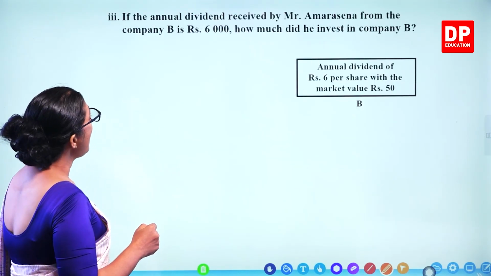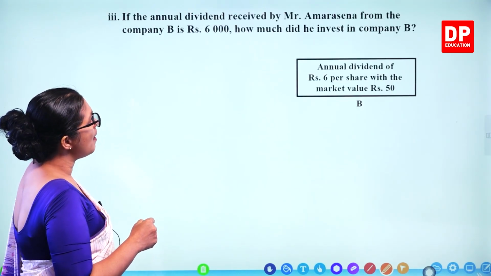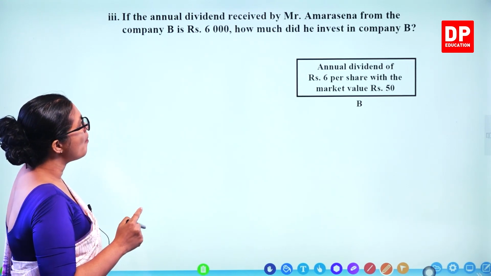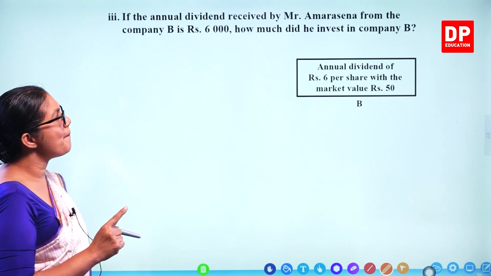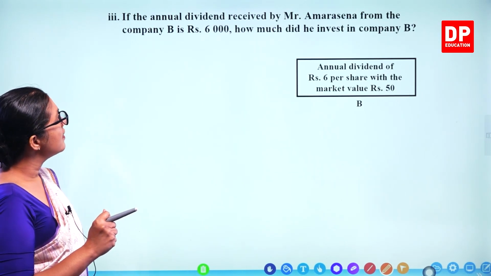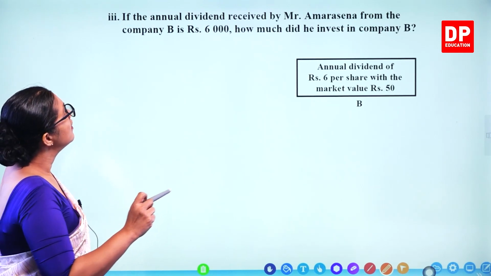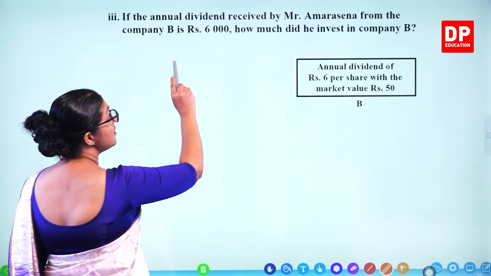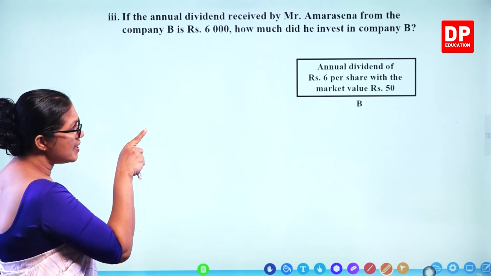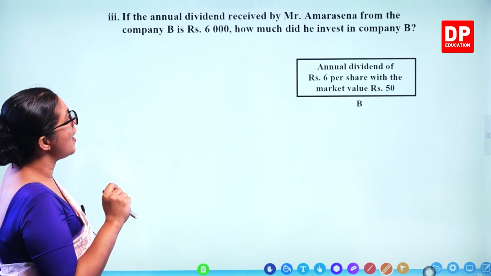Next part, if the annual dividend received by Mr. Amarasena from the company B is 6,000 rupees, how much did he invest in company B? So the annual dividend received is 6,000. Each share gives 6.